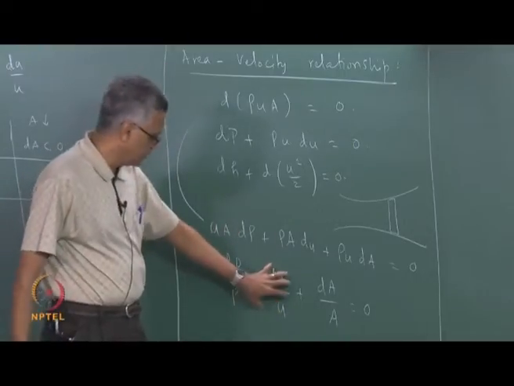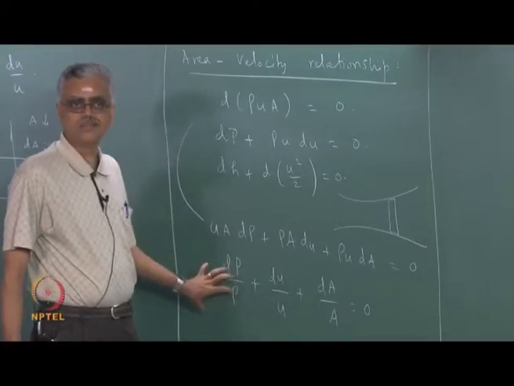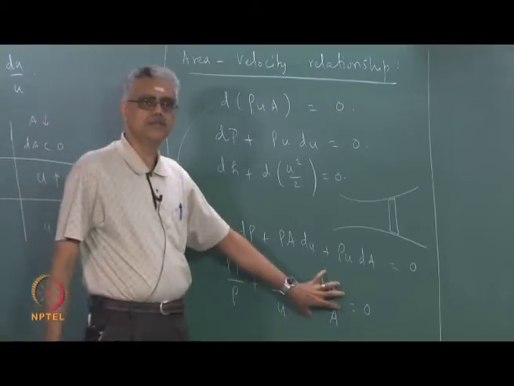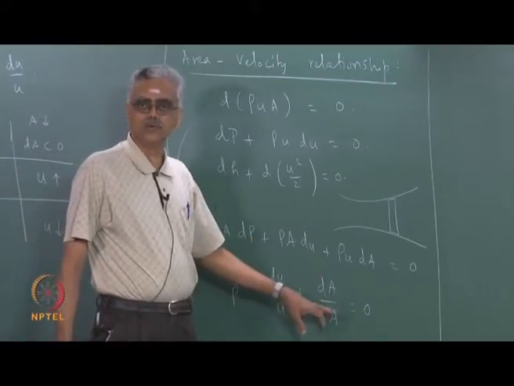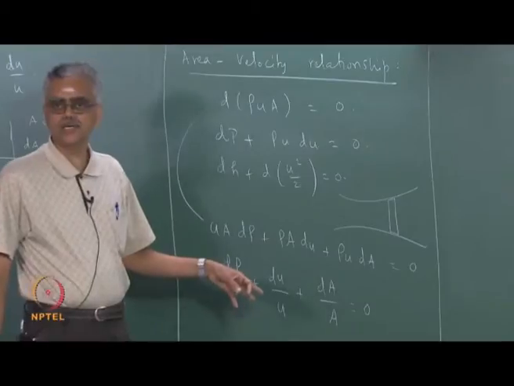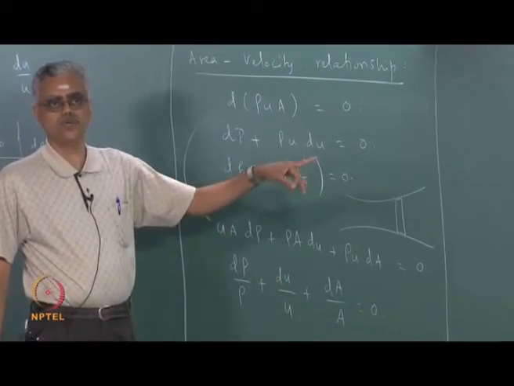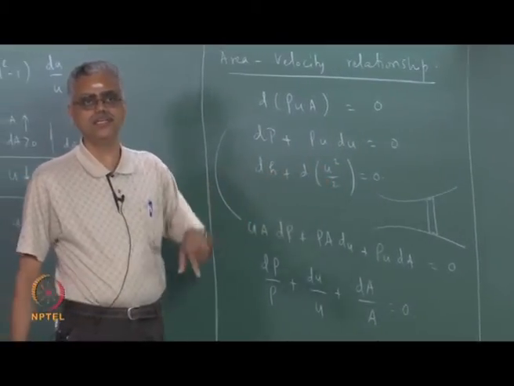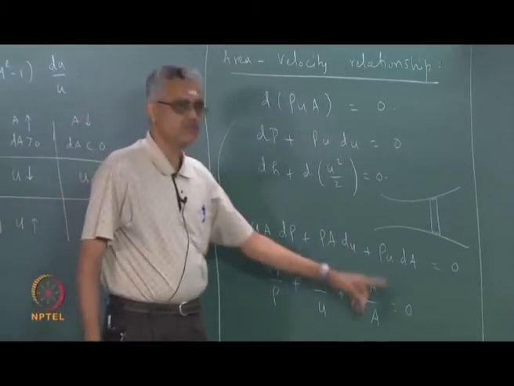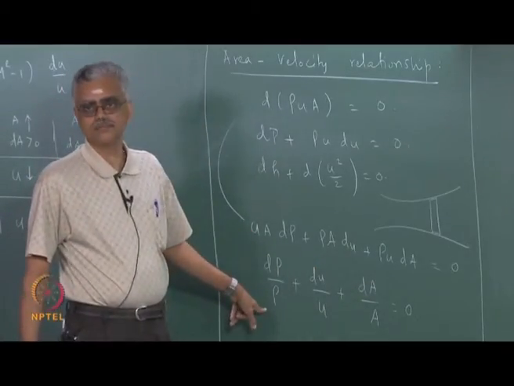So it is as if this is 10, this is minus 8. So this has to be minus 2 to make the whole thing go to 0, which means that dA has to be negative. So, if du is positive and the flow is subsonic, then dA has to be negative in order to satisfy mass conservation.